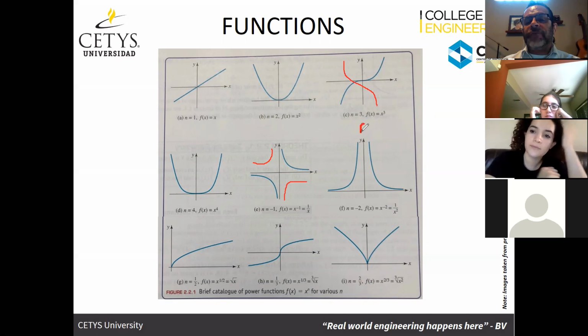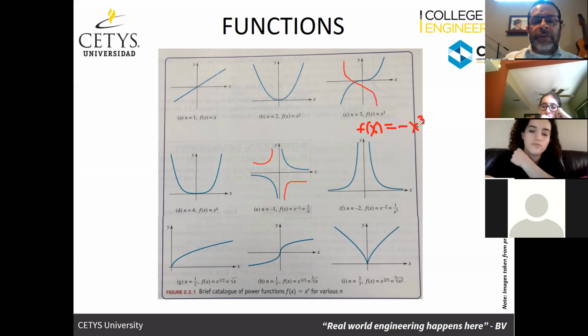But if we say f of x equals minus x to the 3, that's the red one you just drew, okay? And in this one, if we've got f of x is 1 divided by x, then the red one, which is the one you drew, would be f of x equals minus 1 divided by x. Okay.